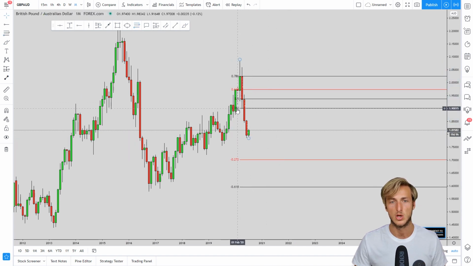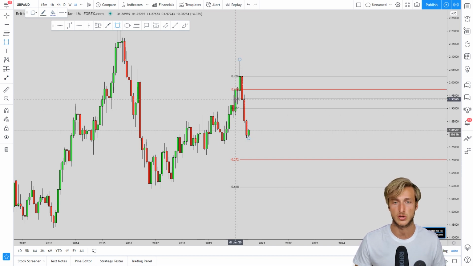And what we can see is that the first Fibonacci level, so the 0.382, is lining up perfectly with a very strong supply area. In fact, in this move to the upside, there are 2 red candles, this one here and this one here, both structure levels.